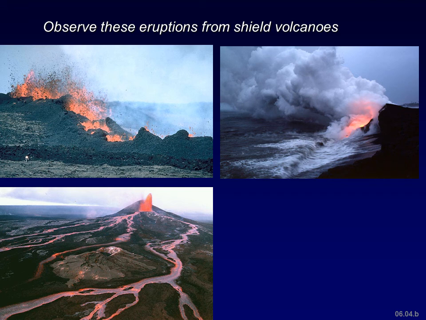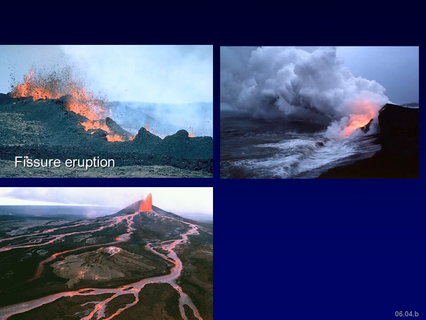Here are 3 different types of eruptions from a shield volcano. So we're looking at a fissure eruption, a lava flow, and an eruption into water. So all of these three ways are how shield volcanoes erupt. And if we take a look at these images, what sort of viscosity are we dealing with here?